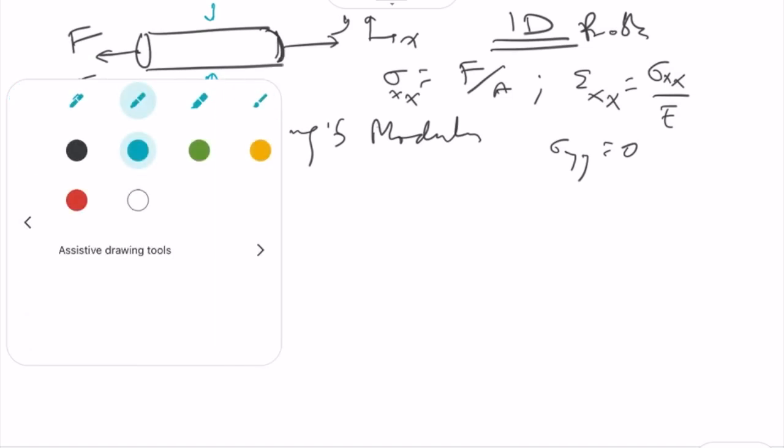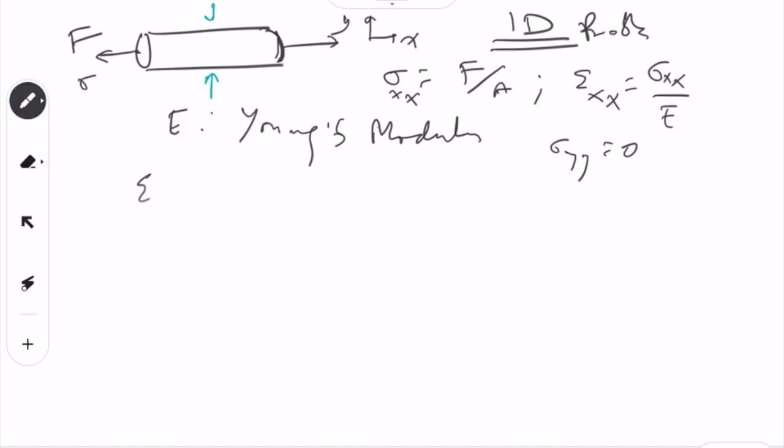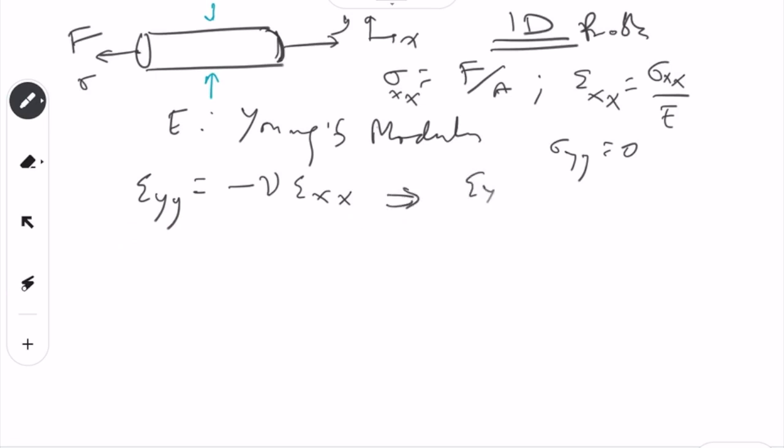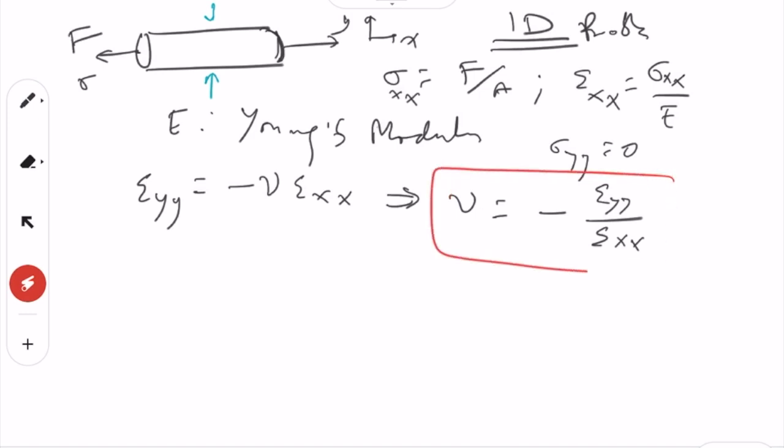So the strain in the y direction will be equal to minus Poisson's ratio multiplied by epsilon xx. So this is how it is related. Or you can say that nu equals minus epsilon yy over epsilon xx. This is Poisson's ratio.